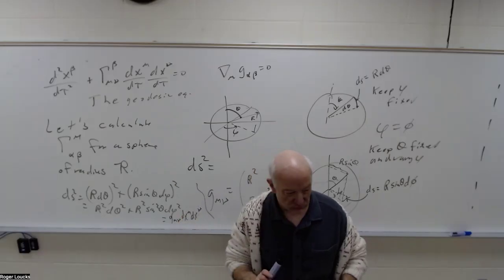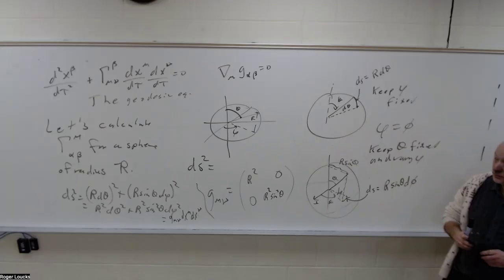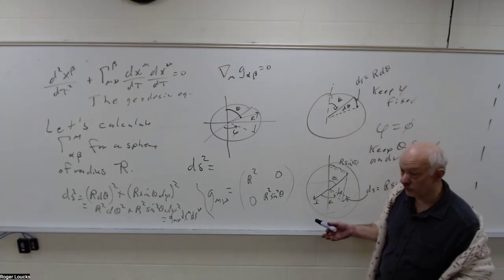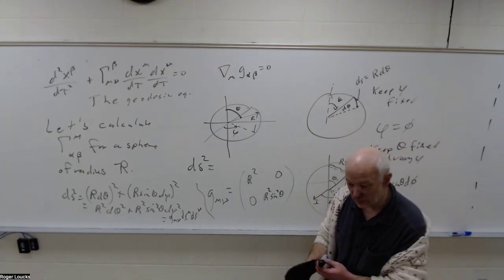There is a price that has to be paid, but it's something we're going to use a lot. We don't know how to take the derivative of a second rank tensor yet, or a third rank tensor, or a fourth rank tensor. That'll be revealed tomorrow. Okay, have a good day.